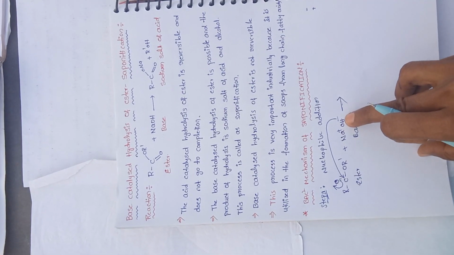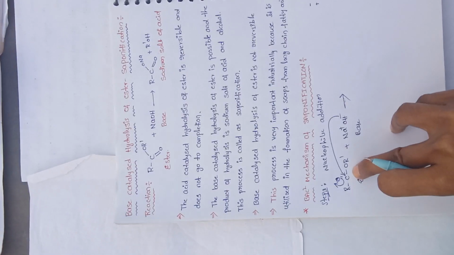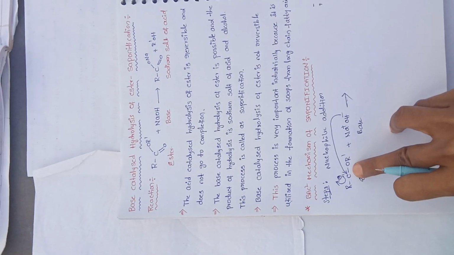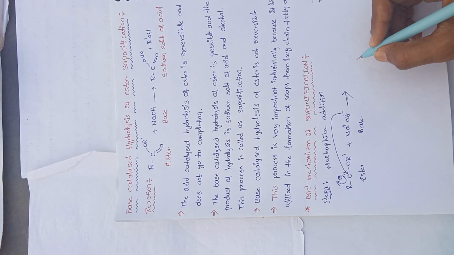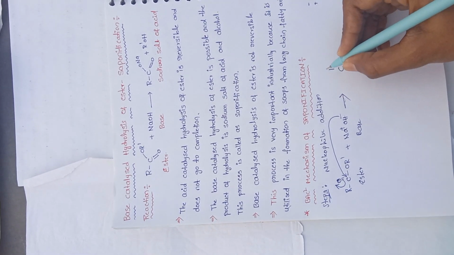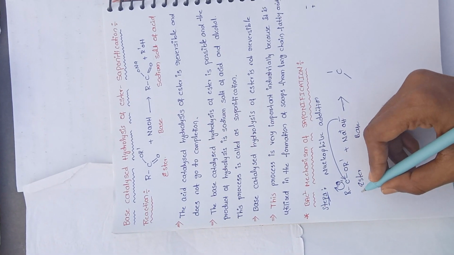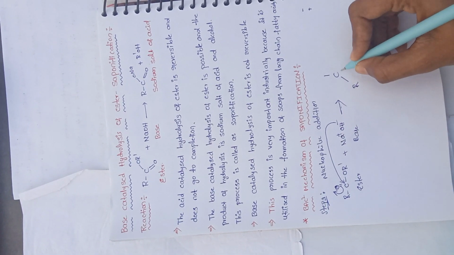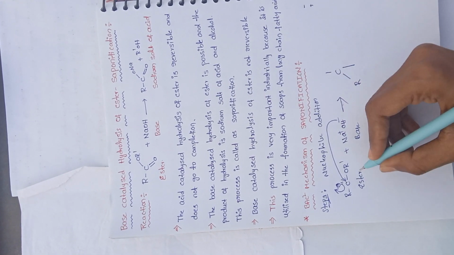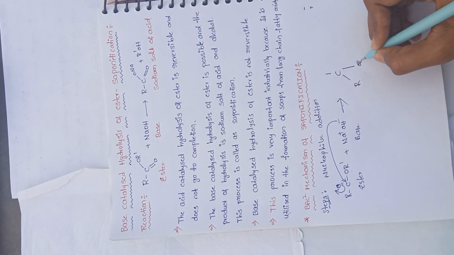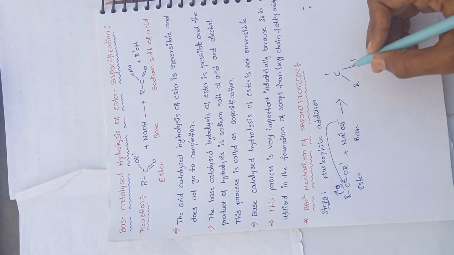When the negative charge reacts with the positive charge, so this OH reacts with the carbon, then you have to write what happens. Carbon is there already, here R is there, you have to write R. That means again OR dash is there, you have to write.